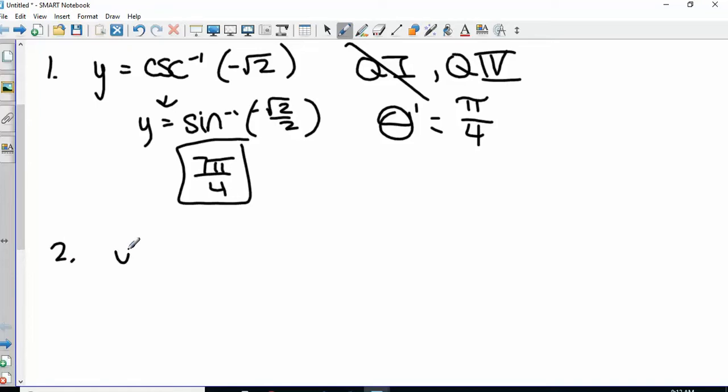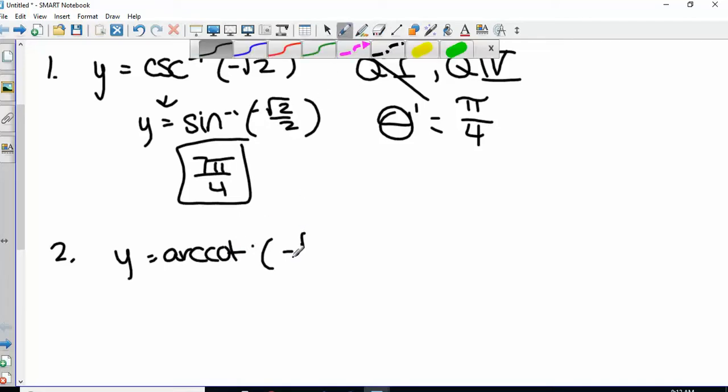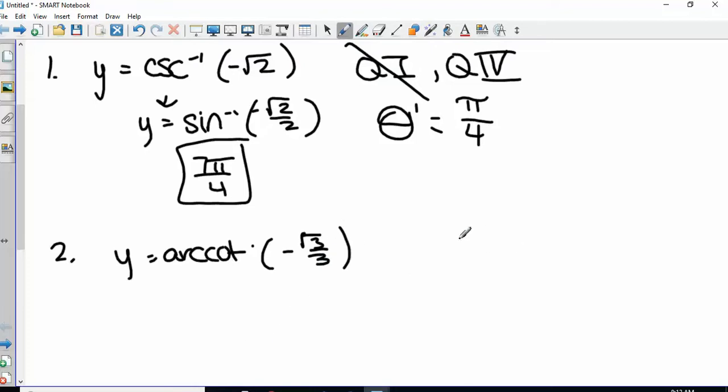So number 2. Arc cotangent is the same as cotangent inverse of negative radical 3 over 3. So when I see cotangent inverse, I know that could be quadrant 1 or quadrant 2. Which quadrant is it? Quadrant 2, because it's negative.